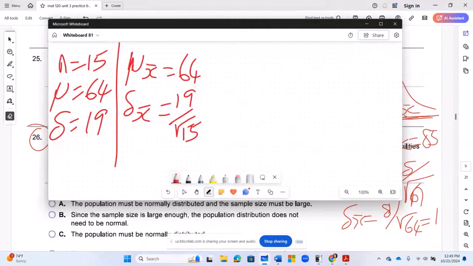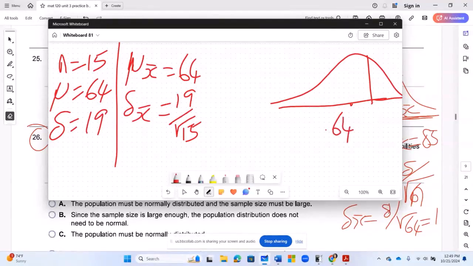So the first thing to do is to draw a normal curve and show 66.4. 66.4 is greater than the mean. The mean is right here, and the mean is 64. So 66.4 is here, and that's the area to the right. Area to the right is from 66.4 to positive infinity.